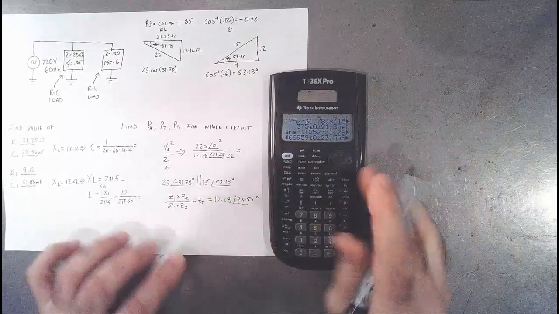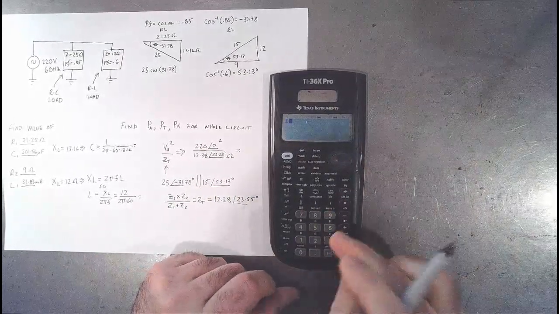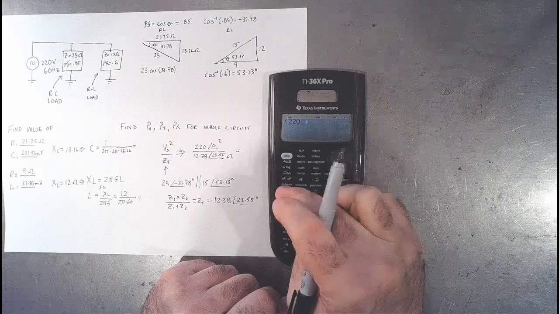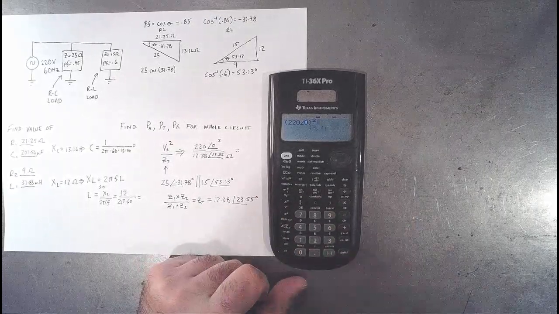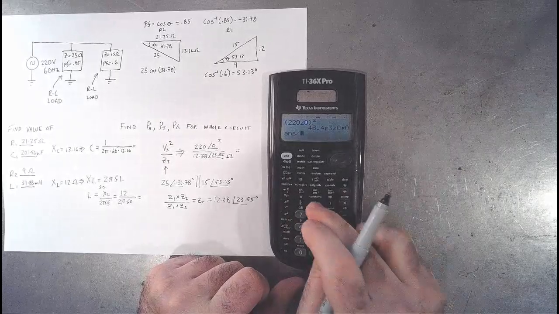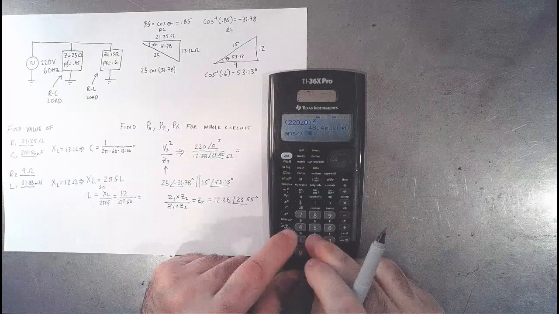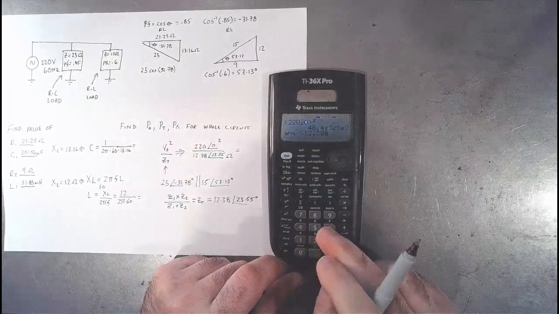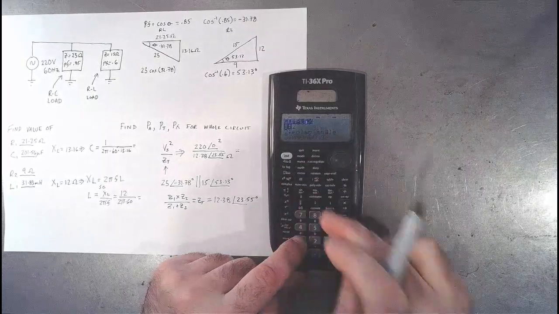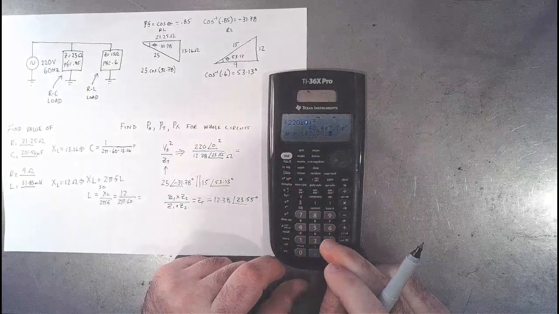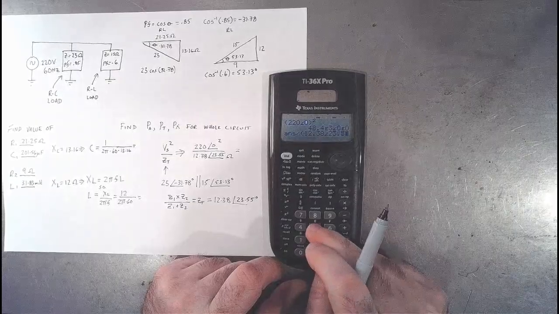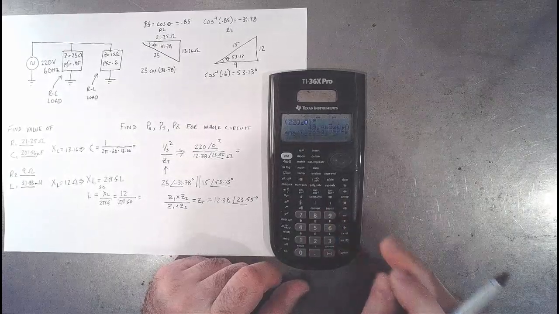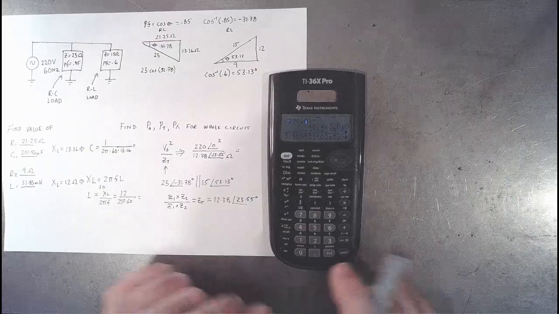So give me 1 second here and I will calculate that. So 220 at an angle of 0, and we are going to square that. There's that. Divided by 12.38 at an angle of 23.55 degrees.